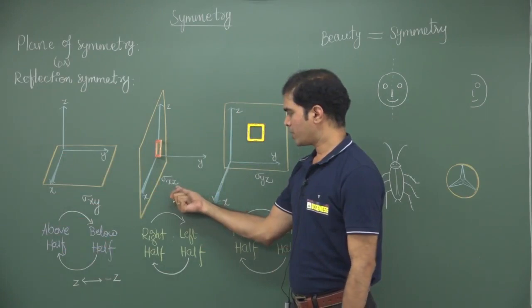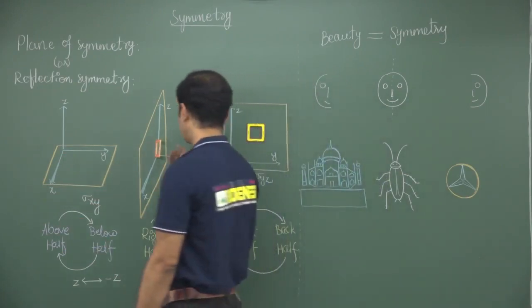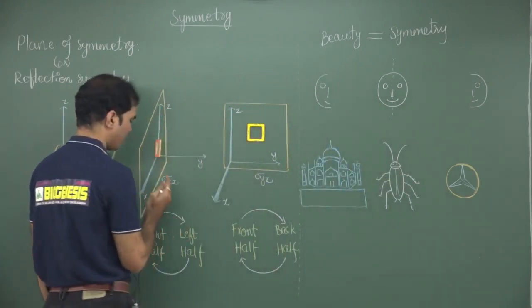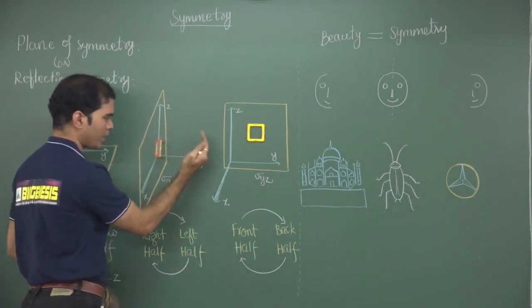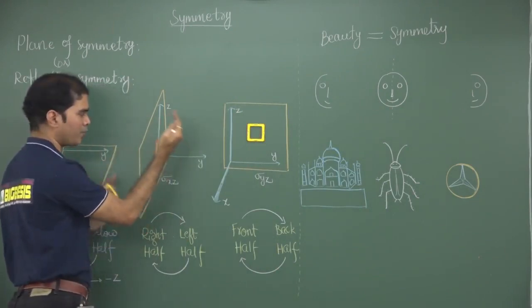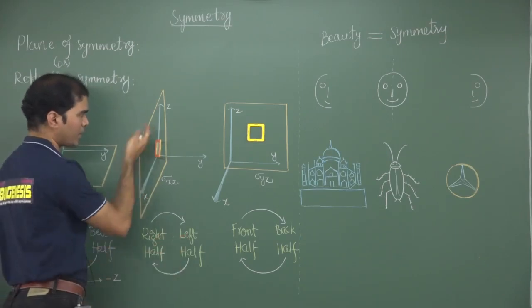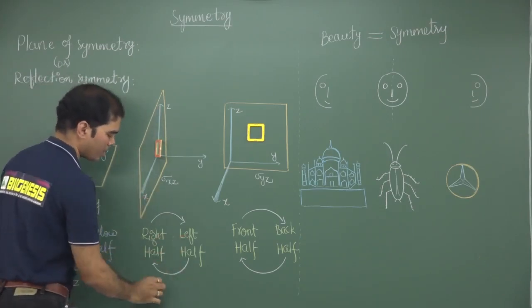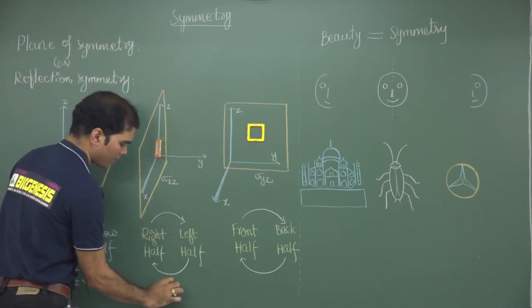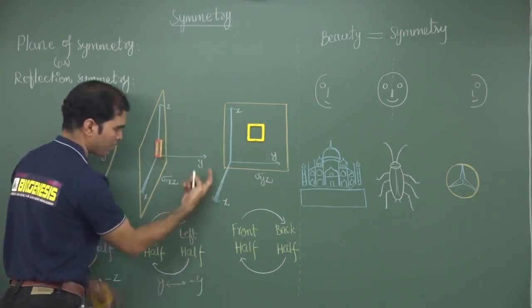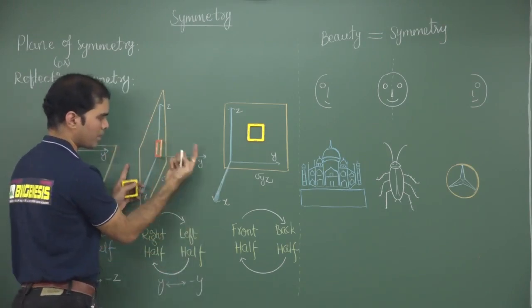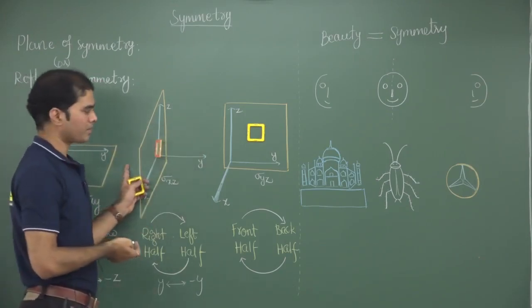Now let us check sigma xz. When I am passing a sigma xz, the right half will be reflected into left and left into right. So right and left halves will be exchanged into one another. It is passing through x and z, therefore x and z remain, but plus y and minus y will exchange. So plus will come into the minus coordinate, minus will come into the plus coordinate.